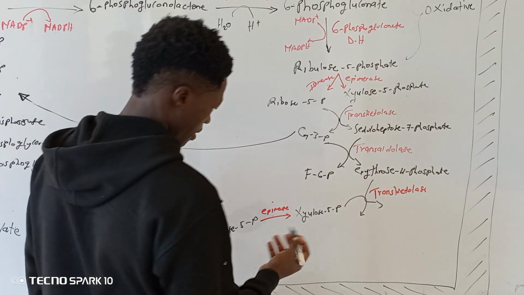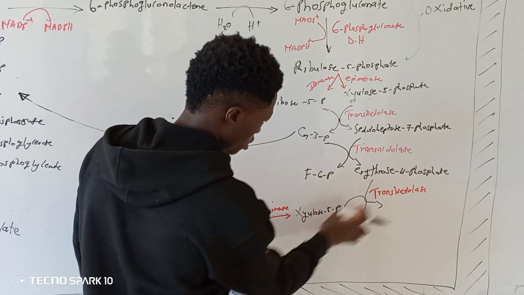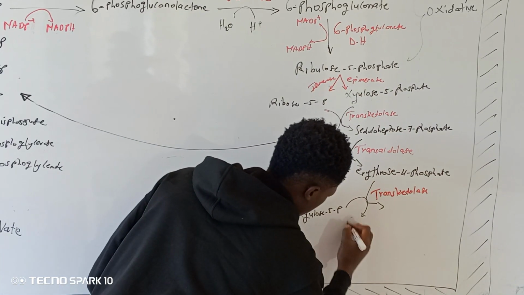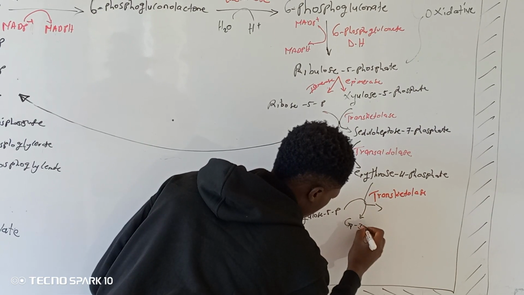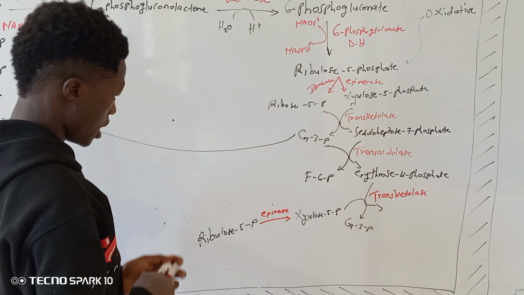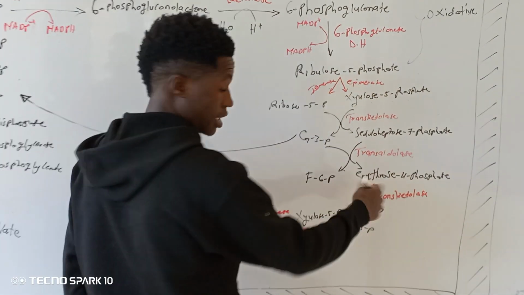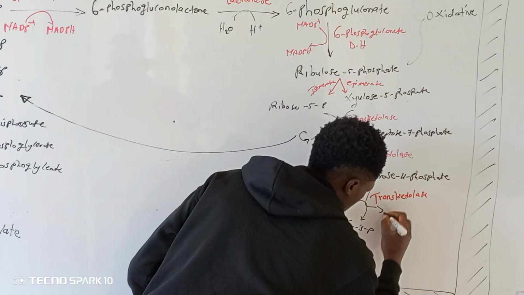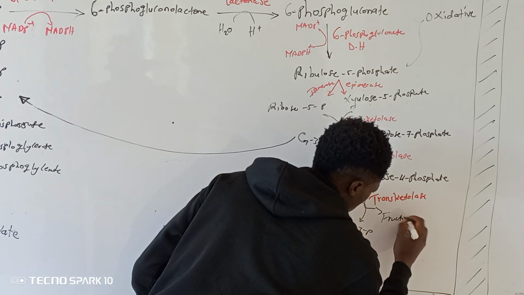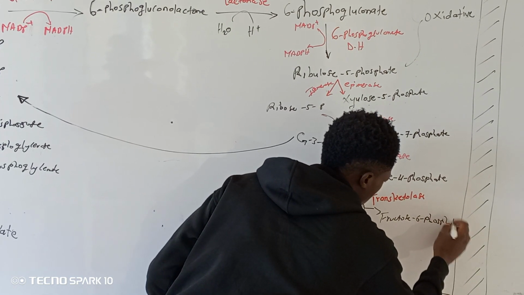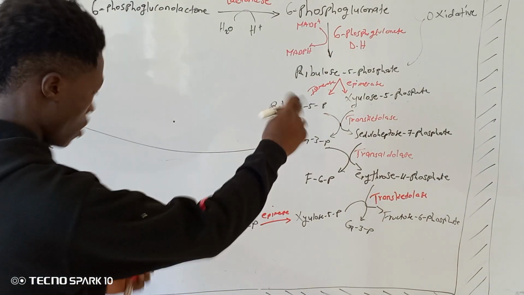Now let's see what's going to happen. If it takes 2 and adds to this one, this is going to be reduced to 3, so I'm going to have glyceraldehyde 3-phosphate. Then on this side we have fructose 6-phosphate.